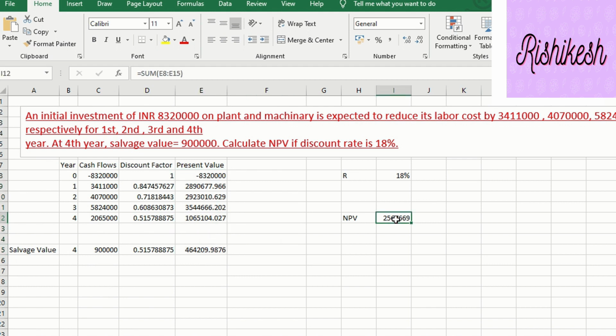I hope this example was able to clarify the NPV concept to you. Since this NPV is positive, we know that if it is an independent project, the project should be accepted.